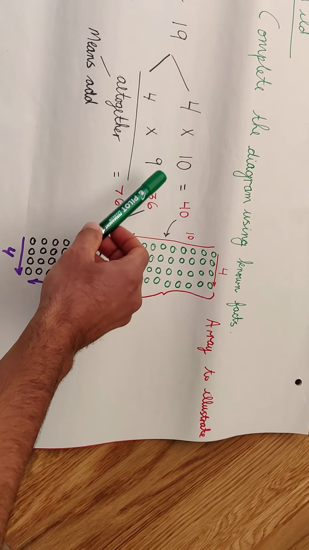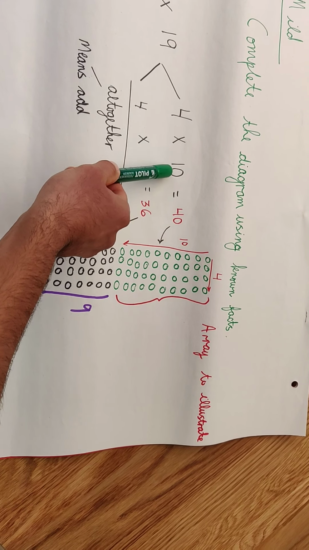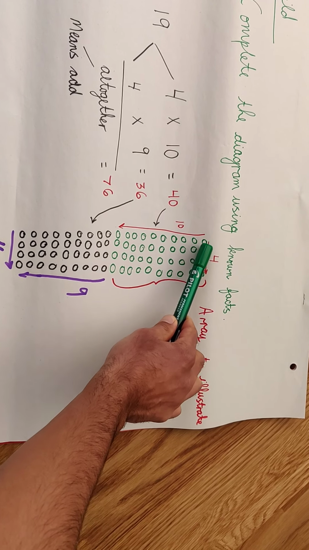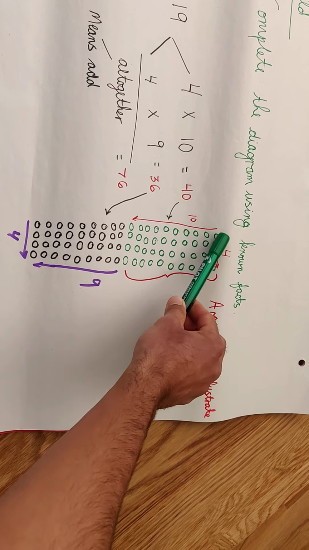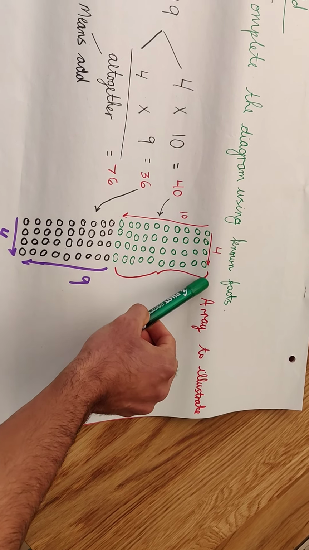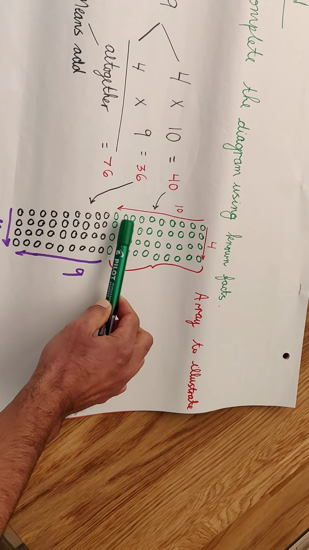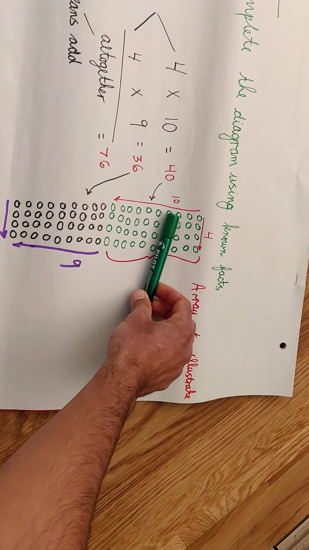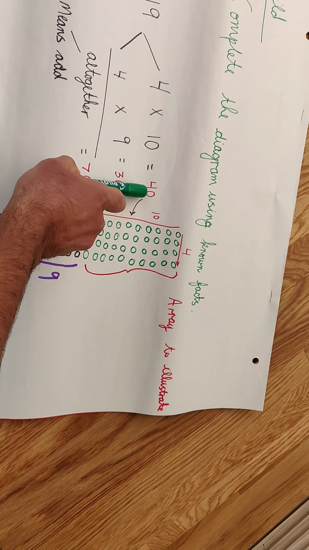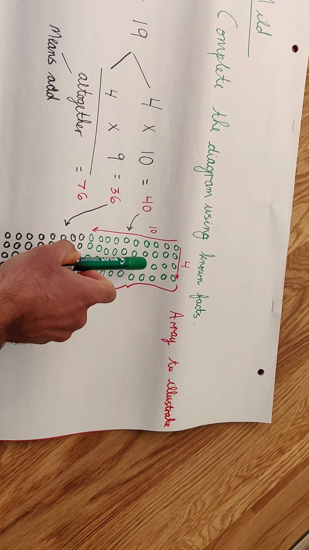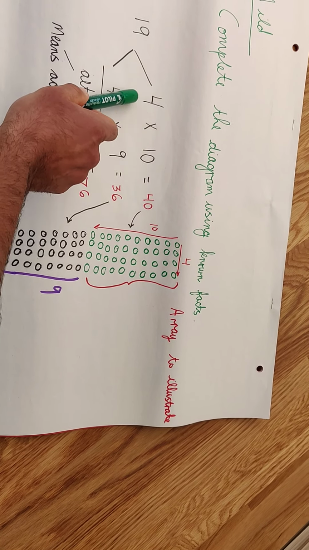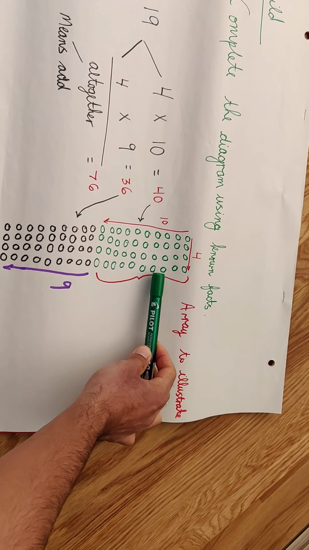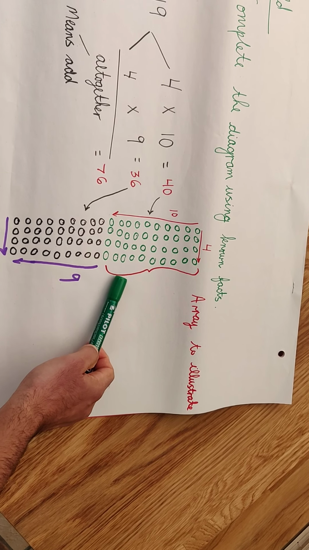I showed it here because I repeated 4 ten times. You can see that this array is a 4 by 10, and if I were to add all these together, I would get 40.